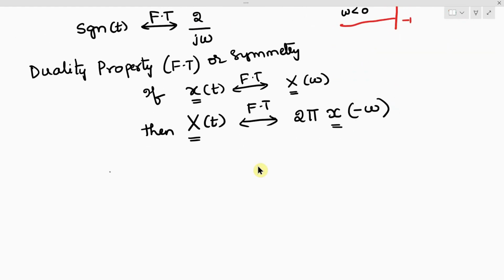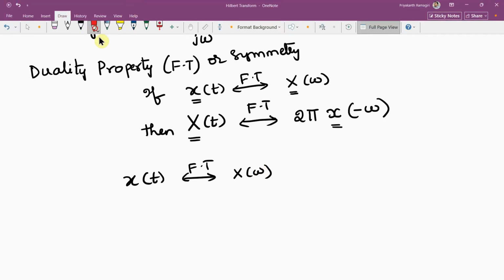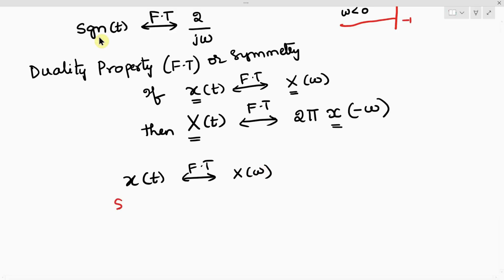Just rewriting this again for our example: Fourier transform X of omega. Now in place of this I am writing the signum function. So what is small x here? What is small x?